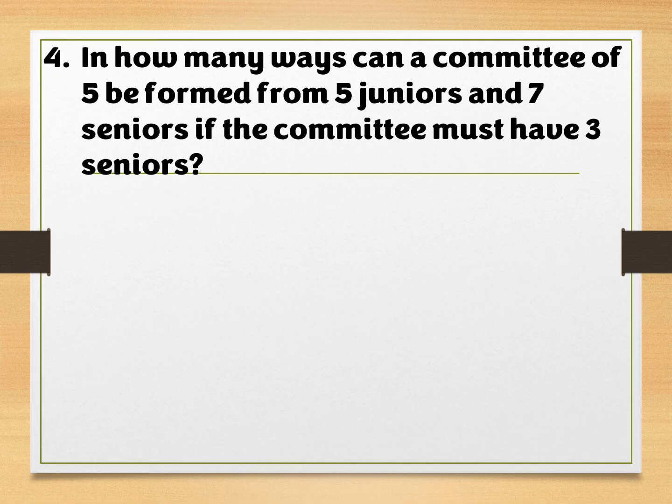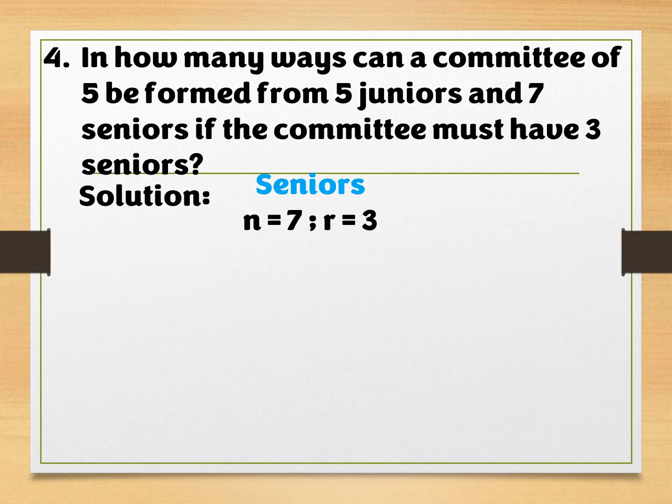Let's have now example number 4. In how many ways can a committee of 5 be formed from 5 juniors and 7 seniors if the committee must have 6 seniors? So here, we have, for the seniors, the value of N is 7 and the value of R is 3.